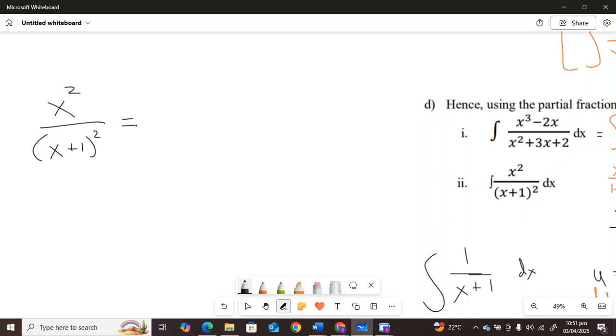Okay, so remember this one, it broke down to 1 minus 2 over x plus 1 plus 1 over x plus 1 squared.